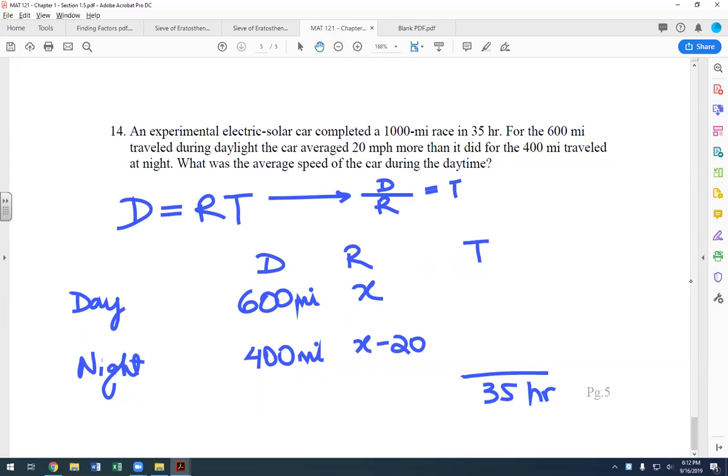So when I set this last column up, it's actually going to be distance over time. So that's going to be 600 divided by X for the daytime hours. And then it's going to be 400 divided by X minus 20 for the nighttime hours.